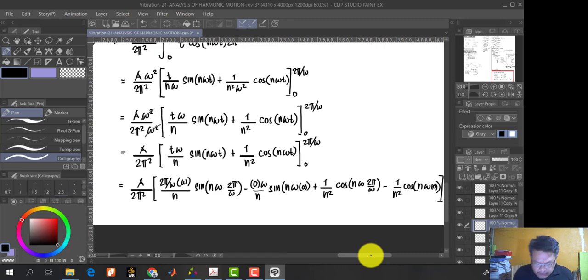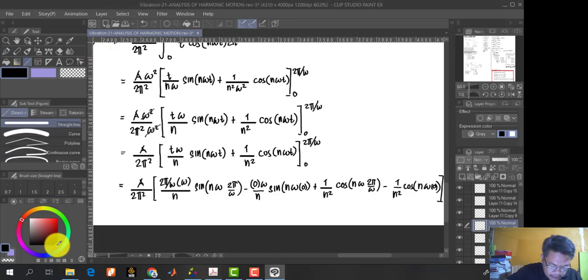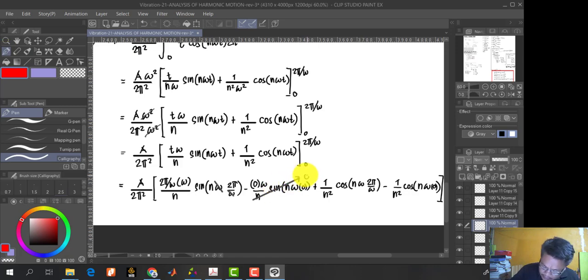What we have here will cancel out. This one will be cancelled out and this one, and eventually this one will be 0 as well. So this will be 0. And for cosine, this one will be cancelled out, and this one. So this is cosine of 1 only, and we can further rewrite here.